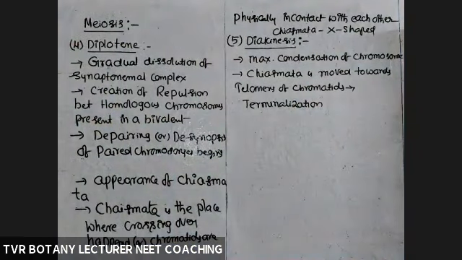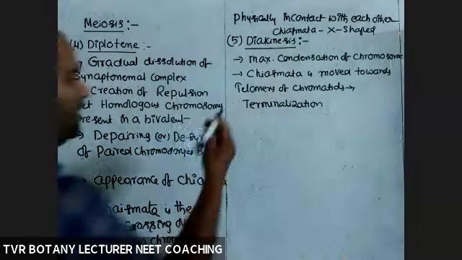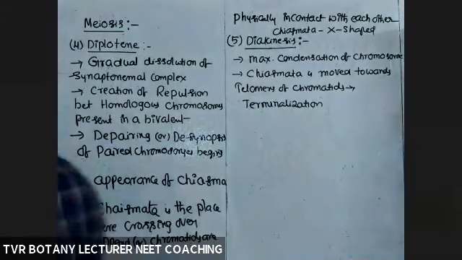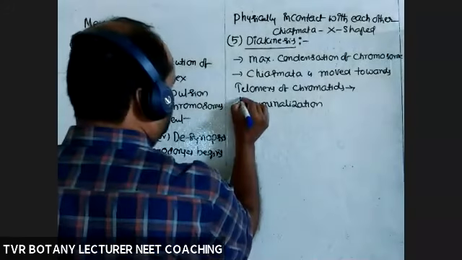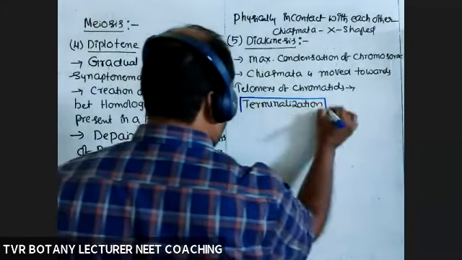So movement of chiasmata towards telomeres is called terminalization. Now chromatids are physically in contact with each other at the ends, telomeres only.